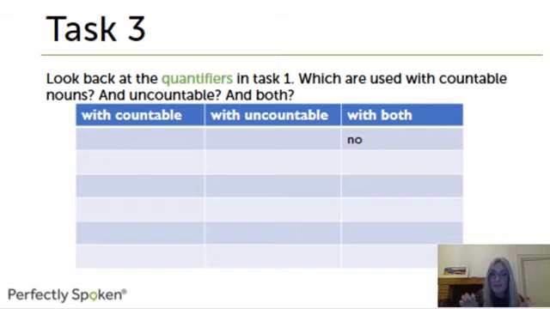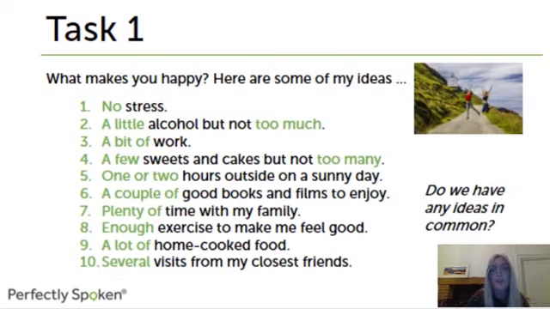So you need a piece of paper and you need to look at your list of countable and uncountable nouns. We'll go back to task 1 and look at the quantifiers. So here we've got a little, and here it's used before alcohol. What do we know about the word alcohol? Is it a countable or uncountable noun?